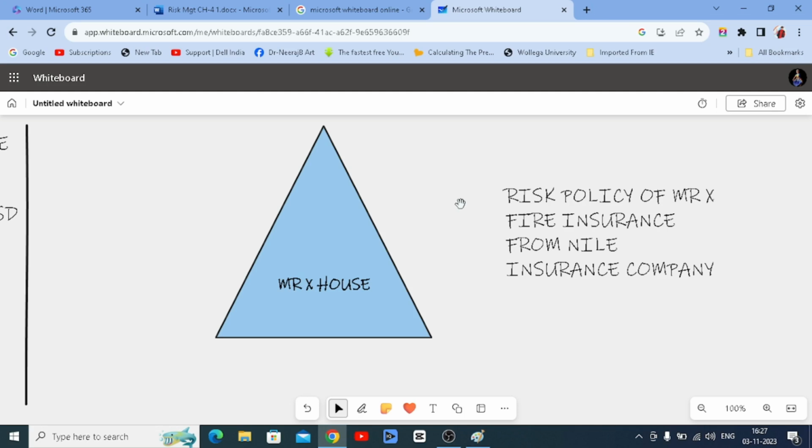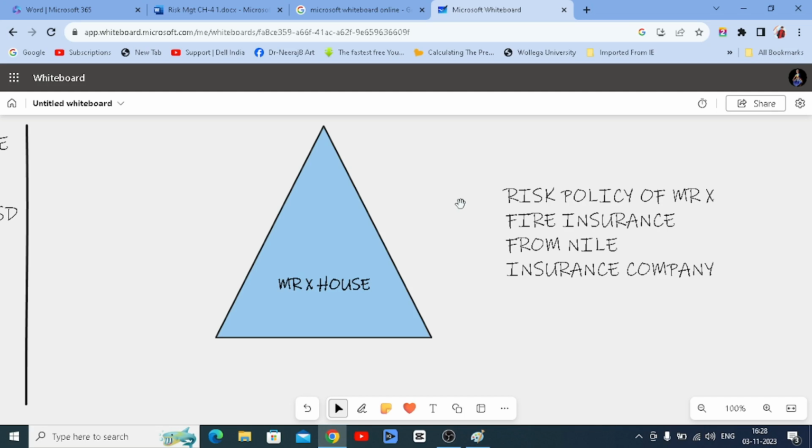Because of the earthquake, there is a gas leakage and some electrical connections are loose and there is a spark, and because of the spark, there is a fire in the house and the house of Mr. X is burnt. Now, students, the question can come in the exam whether the insurance company will pay the claim. How to go about this question?